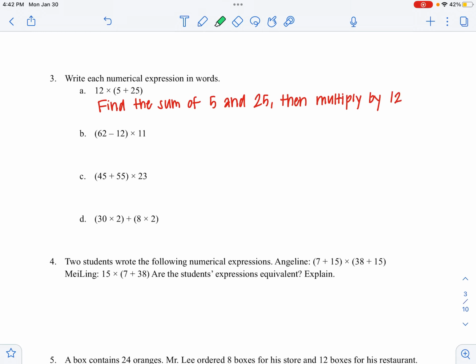Notice how in my answer, I specified that we need to find the sum first, then we need to multiply. That should help specify what's in parentheses here. We are finding a sum before we are multiplying.